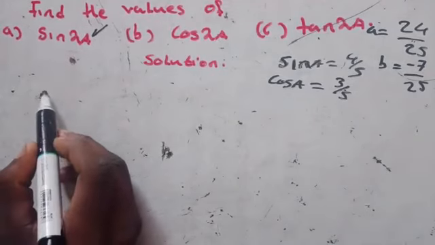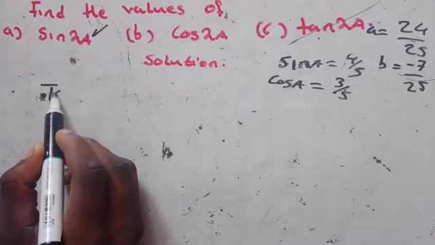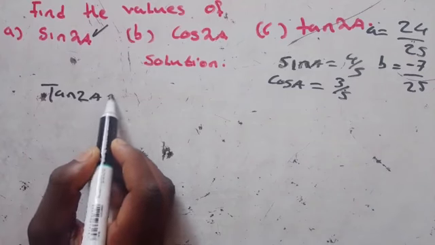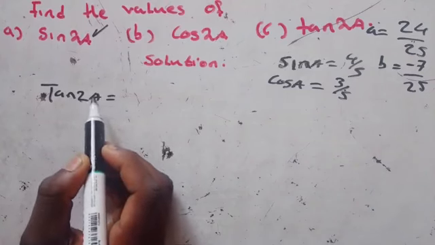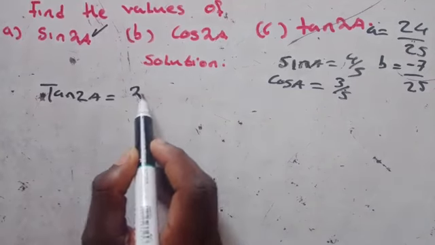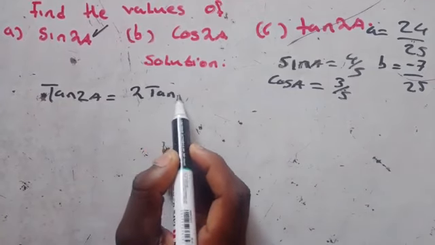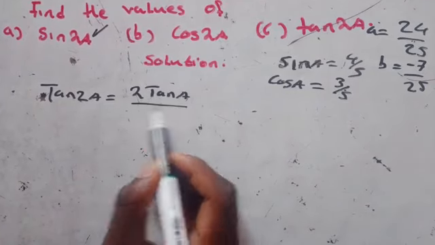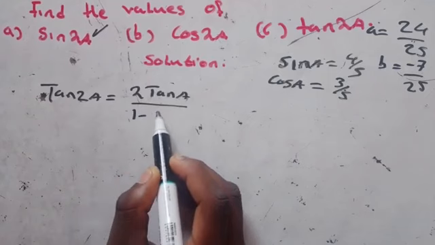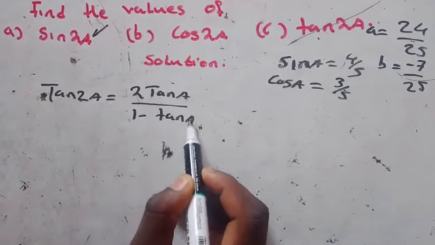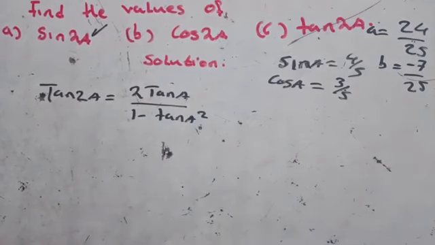We know that tan 2a is equal to 2 tan a over 1 minus tan squared a, according to our identities which we wrote down there.